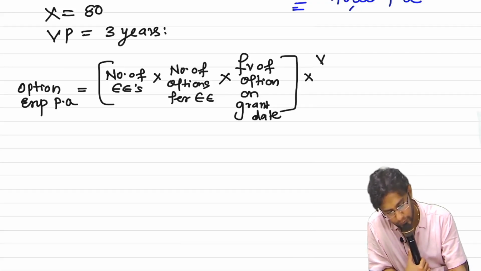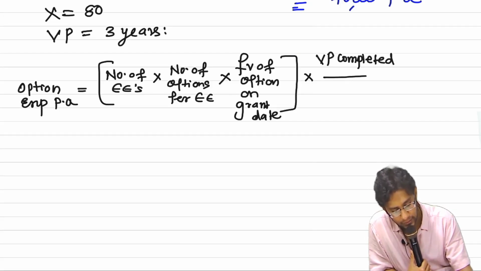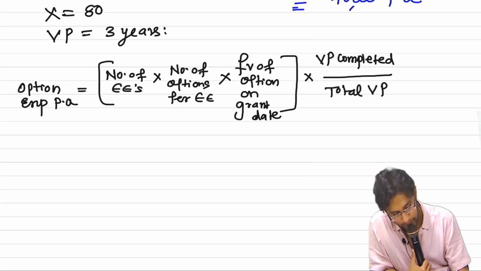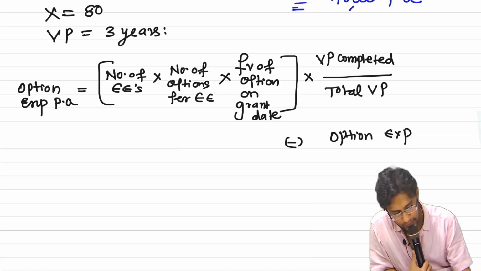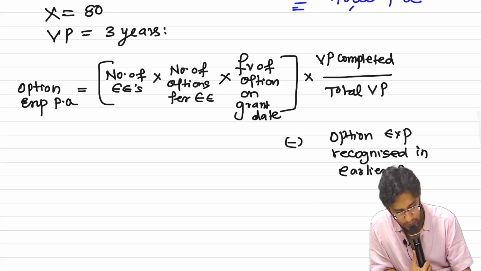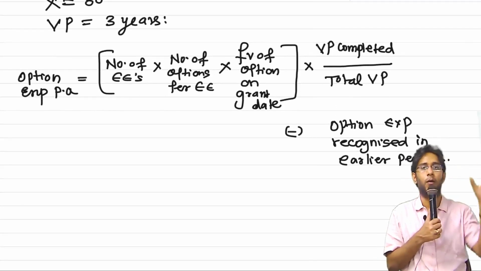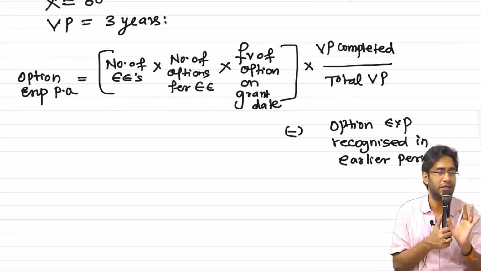Into vesting period completed till date divided by total vesting period, minus option expense recognized in earlier periods or previous years. A big formula is what is best to apply.